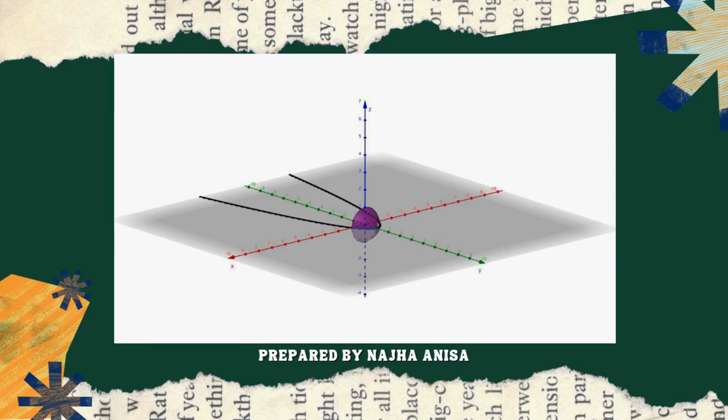As the curve rotates, each point traces a circular path, forming a three-dimensional surface. The final result is the dome-shaped solid shown in purple, which is symmetric about the axis of rotation. This demonstrates how a two-dimensional function can be used to generate a three-dimensional surface using GeoGebra.